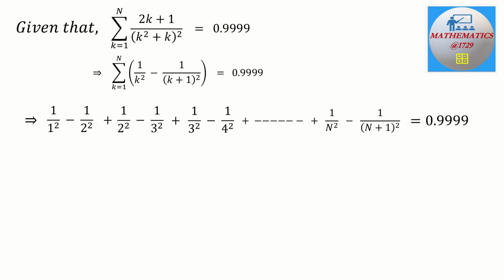Here if you observe, minus 1/2² and plus 1/2², these two terms cancel, and similarly minus 1/3² plus 1/3² cancel, and so on. Minus 1/4² cancels with the next term, and so on.